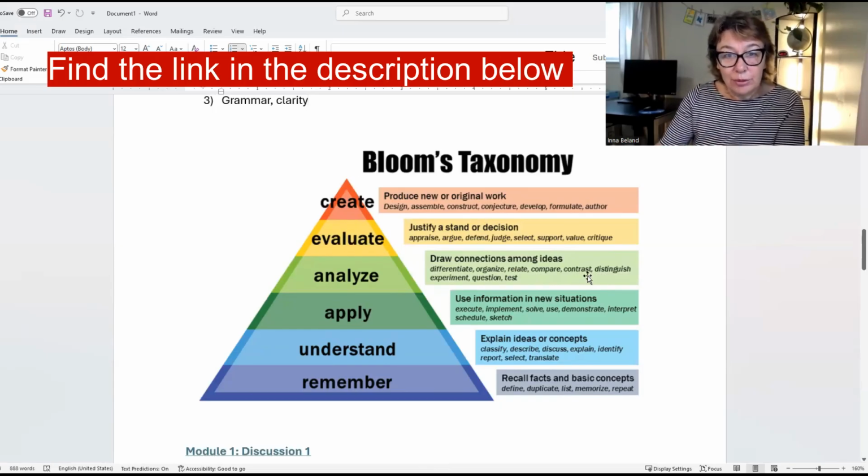I'm not going to go through Bloom's taxonomy here because I have another video where I discuss this model in detail, but I will refer to this model in explaining my expectations.